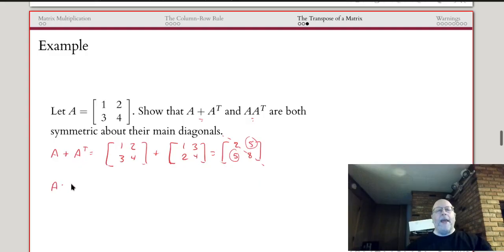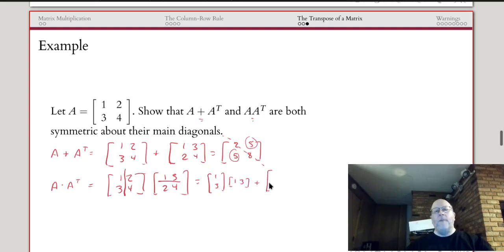If we multiply A times A transpose, we are multiplying, so we use the column row rule. We're going to combine the column 1, 3 and the row 1, 3, and then we'll combine the column 2, 4 and the row 2, 4.